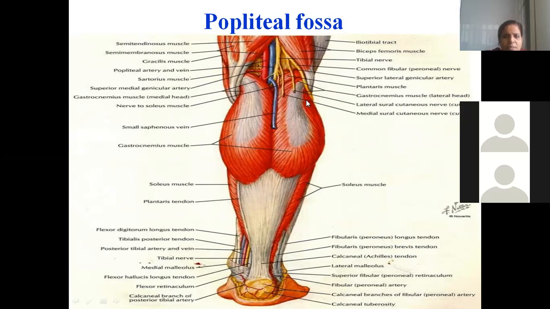This is the lateral aspect of the leg. Semimembranosus and semitendinosus got inserted on the upper part of the tibia, so this part is the medial part of the picture. Where we have the biceps femoris, it gets inserted, as I told you, at the apex of the head of the fibula. So this is the lateral aspect.